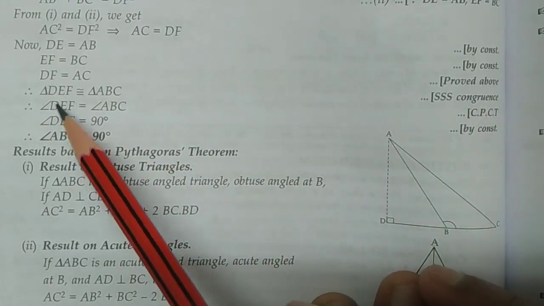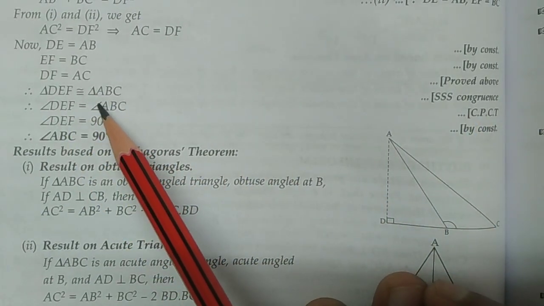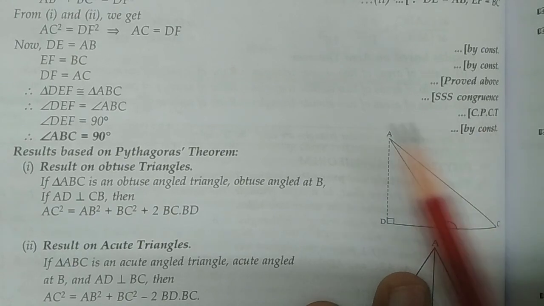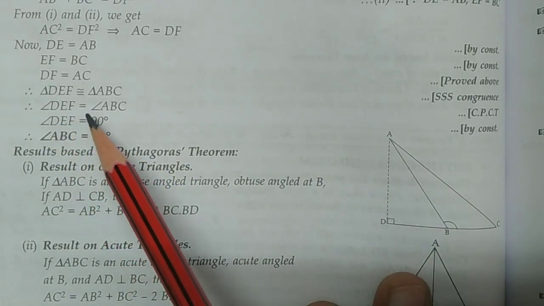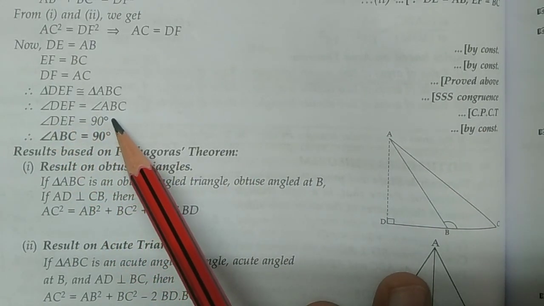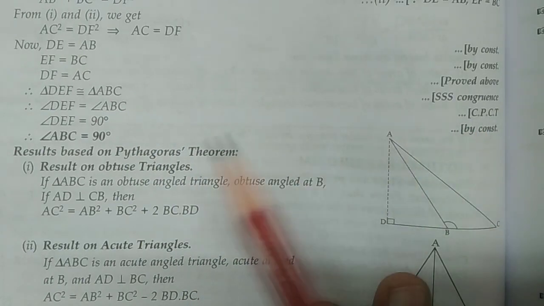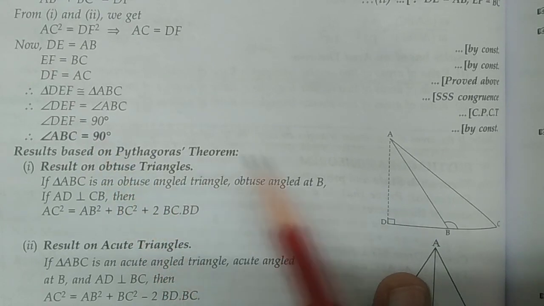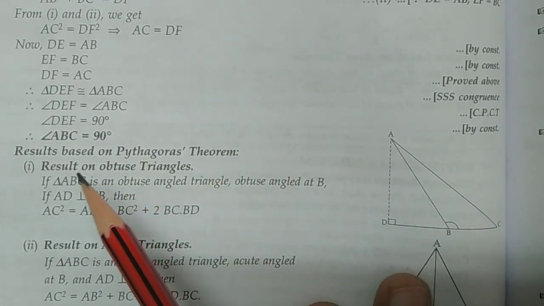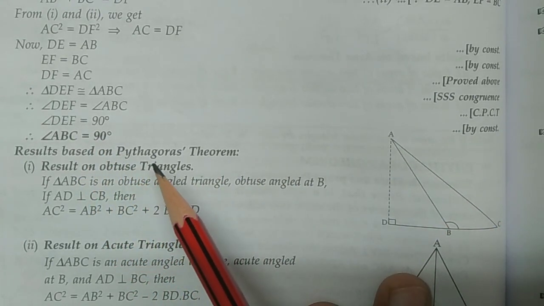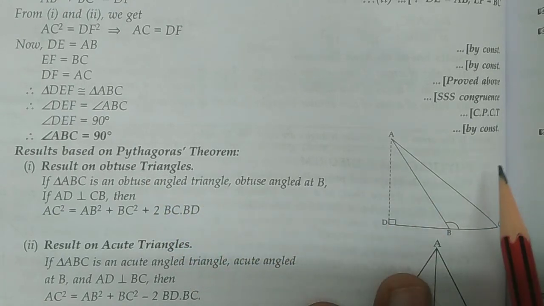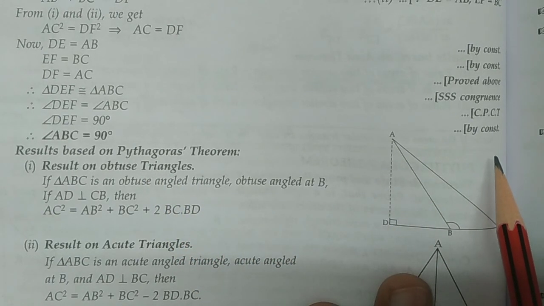Now triangle DEF is congruent to triangle ABC, proved above by the SSS congruence, so angle DEF equals angle ABC. Now angle DEF equals 90 degrees by construction, so angle ABC equals 90 degrees. It's been given here everything.